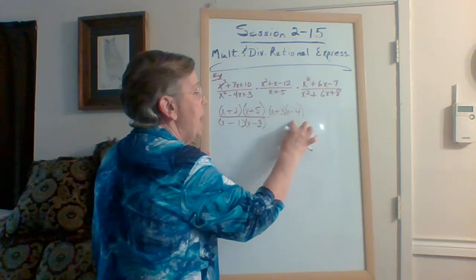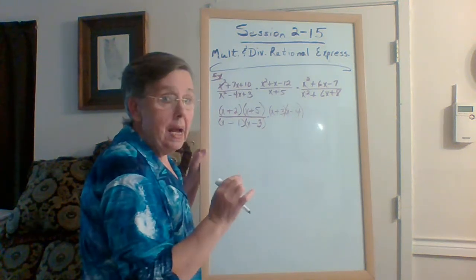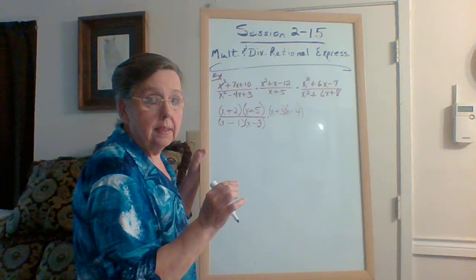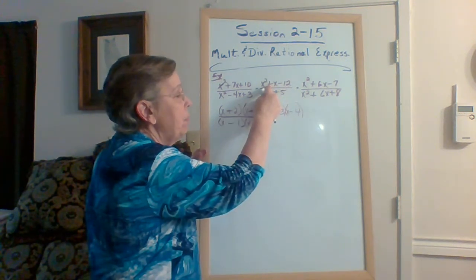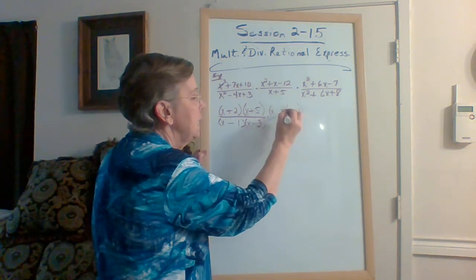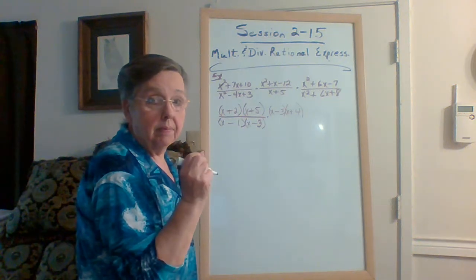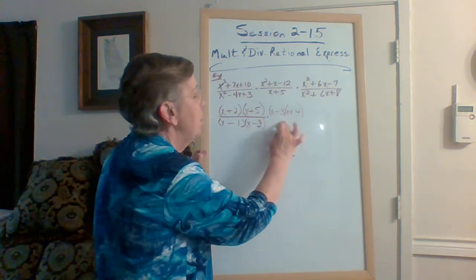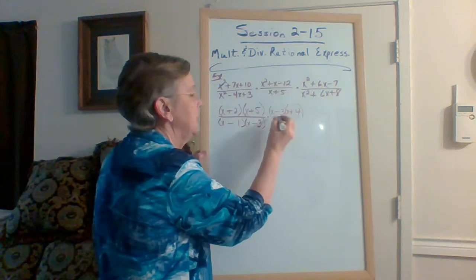That gives me a minus 4x, and a plus 3x gives me a minus 1x. The 1x is the right number, but it's a plus. So I just simply change this to a plus, this to a minus. Remember that? So plus 4x minus 3x gives me a plus 1x.